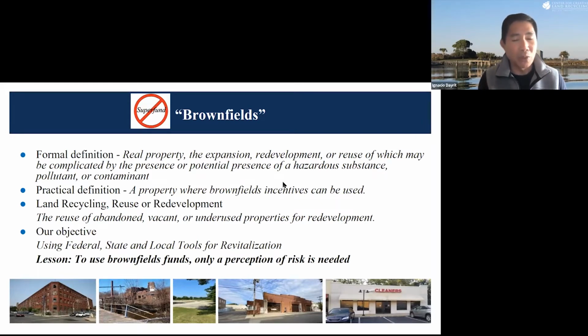We have examples of 4 tribes, 2 from Region 10, 1 from Region 9, and 1 from Region 2, who've used brownfield resources to restore their land to their natural state, and some of them are actually in urban areas, and some are in the suburbs. So we have 3 different situations here where EPA resources were used to restore lands.